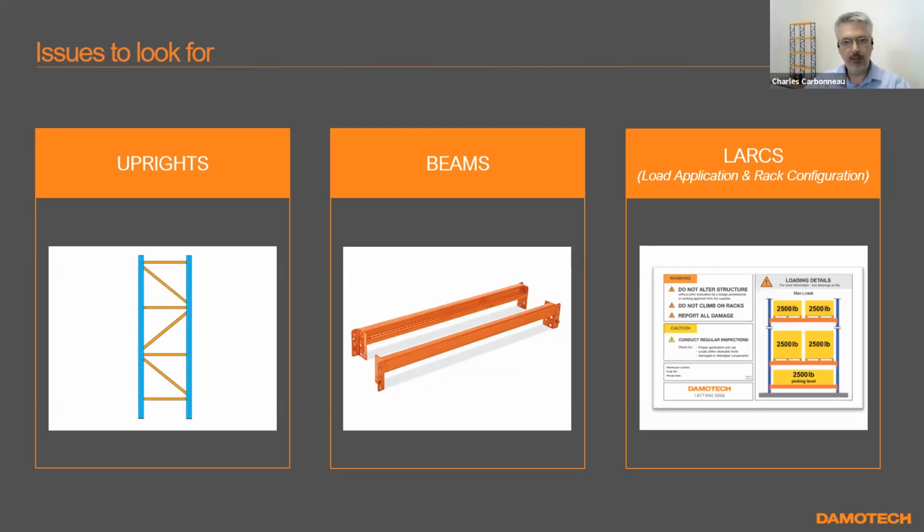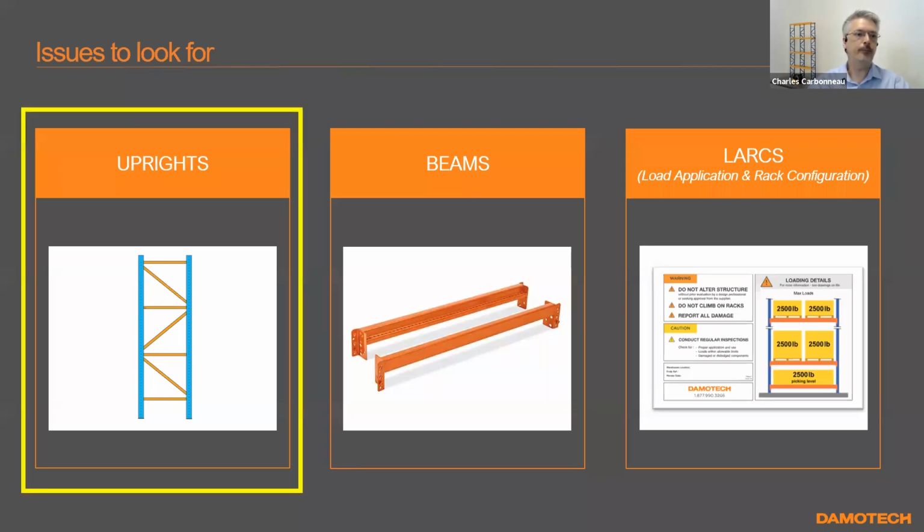And that is really important to match what you have out there in the warehouse. If you lost track of these documents, I encourage you to get them back either by contacting the original equipment manufacturer or a company such as Damotech, who goes in, measures everything, recalculates the capacity, and hands you a full report.